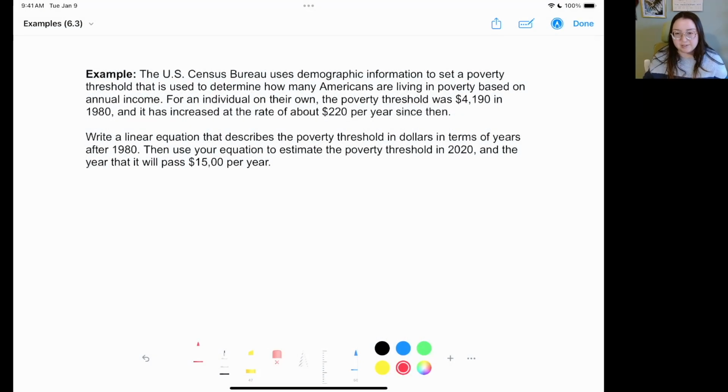So here we have our notes. We're going to go through this and piece together our information. So we can write the info that we know.